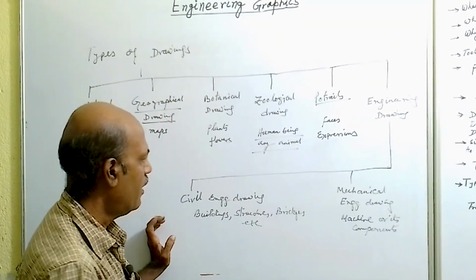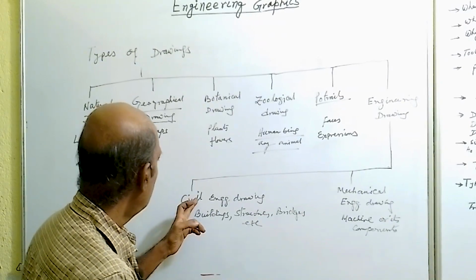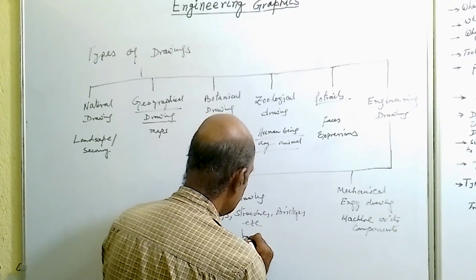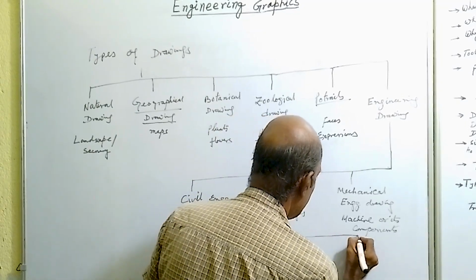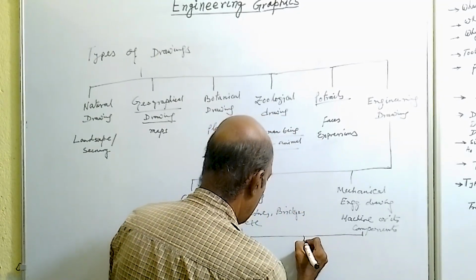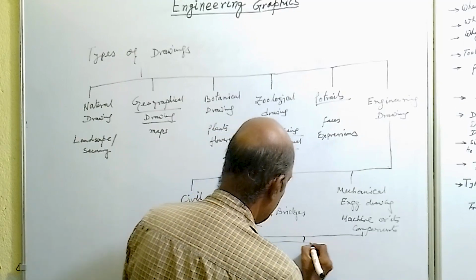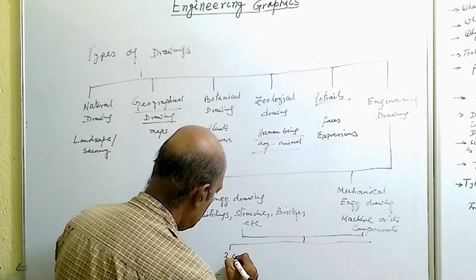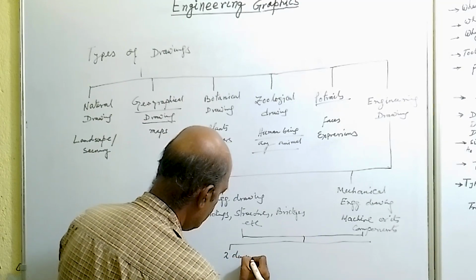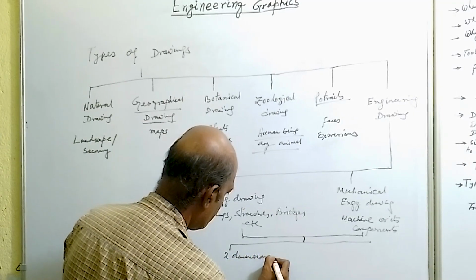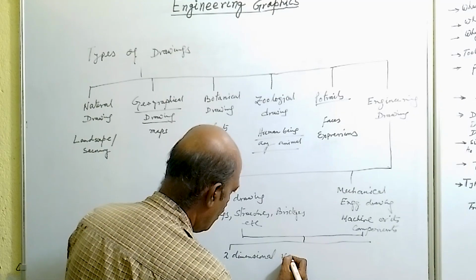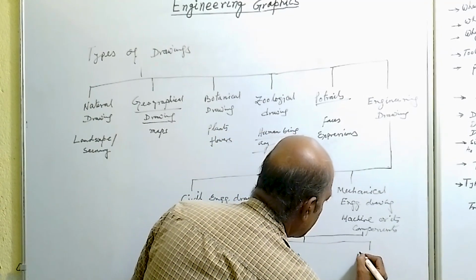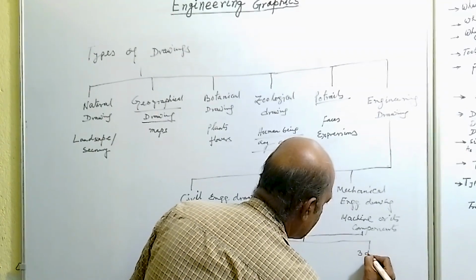Okay. Now, civil engineering drawing and mechanical engineering drawing can be drawn either by two-dimensional view or it can be drawn by 3D view, three-dimensional view.